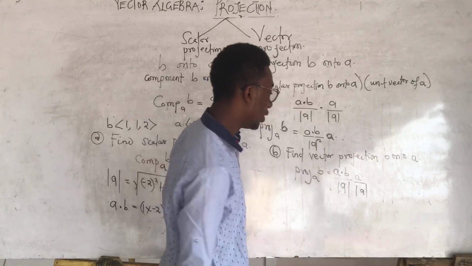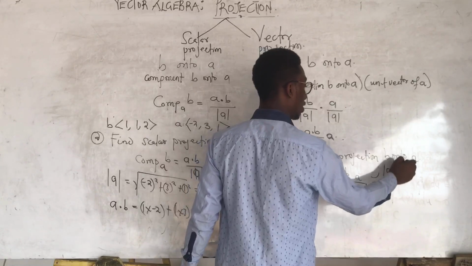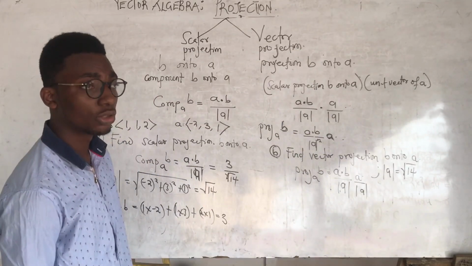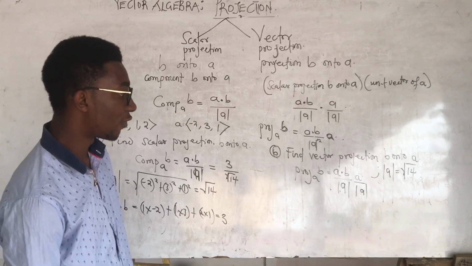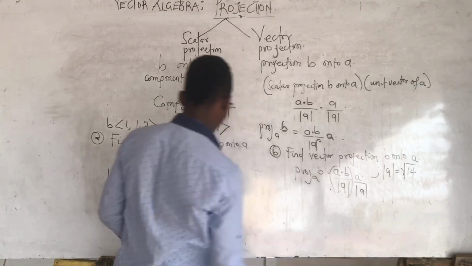What was the magnitude of A? The root of 14.